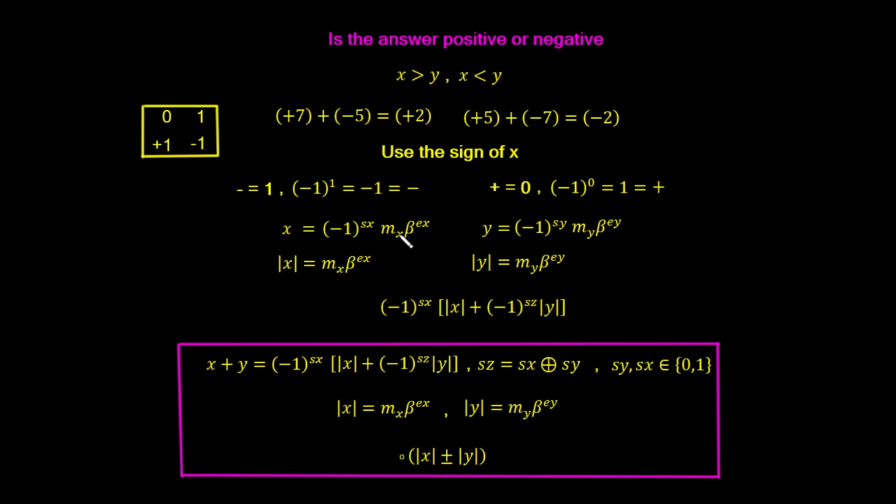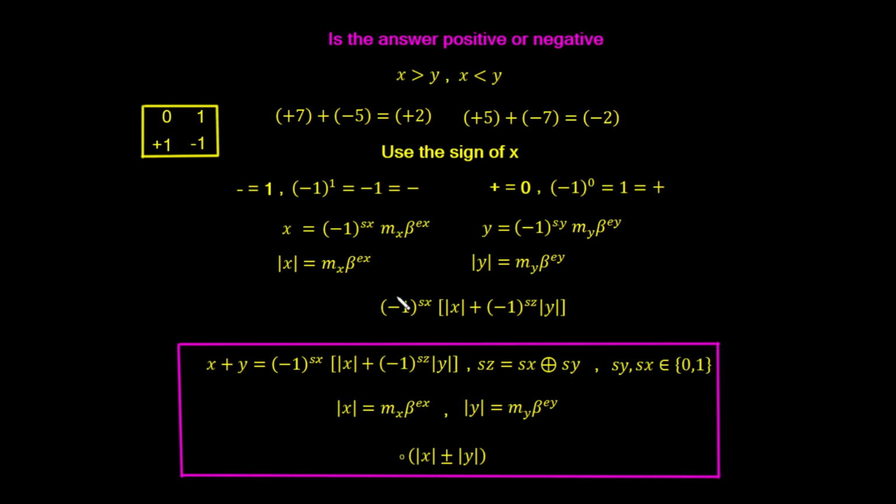And we would have the mantissa for x, with the radix raised to the power ex, and the mantissa for y, with the radix raised to the power of ey. So this is just our floating point number. So we can say that the modulus of x is just this part of the number, so it's really the number without the sign, and the modulus of y is just this part of the number.